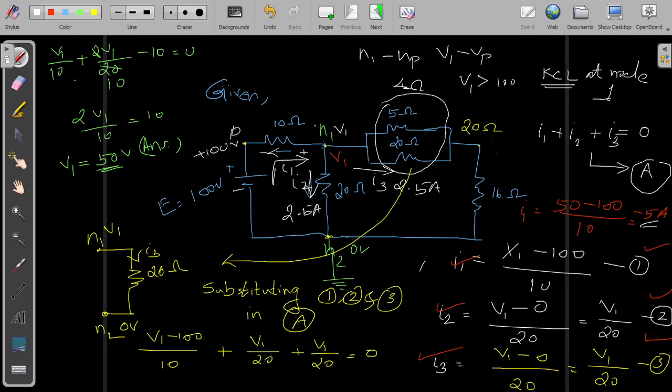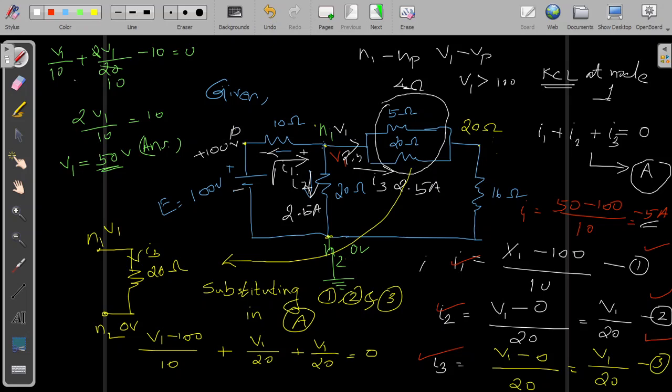Yes, 2.5 ampere is the I3 current. Now my next problem is, suppose the examiner asks you to find the current passing through the 5 ohm resistor in this given circuit. Then what you have to do is, you got this 2.5 ampere, that is the total current.